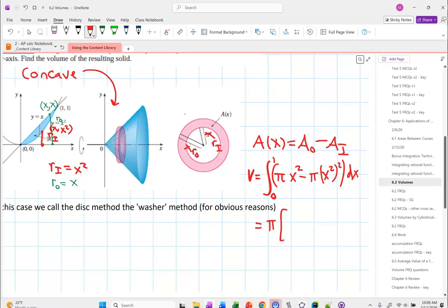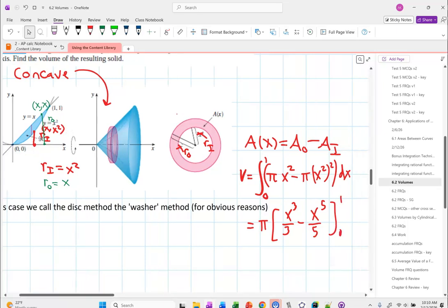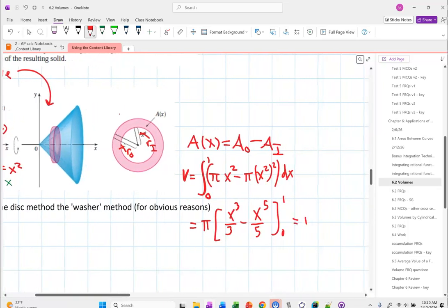So pull the pi out, the antiderivative of x squared, that's easy, and the antiderivative of x to the fourth, that's easy. How do you see the other pi? I factored it, right?